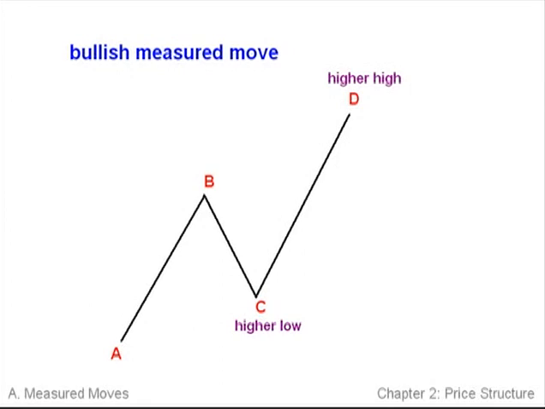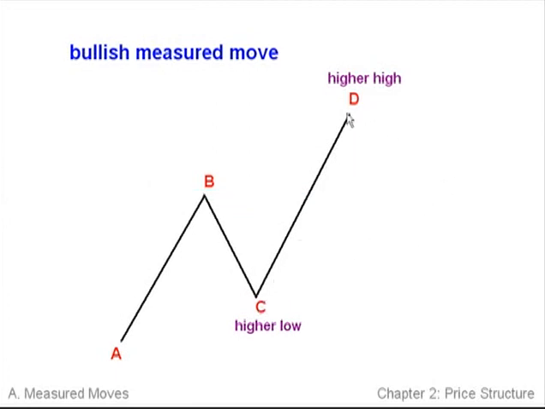This structure only gets confirmed as a bullish measured move when price action rallies above B coming off of C, because C is already a higher low. Now we need to have price action rally above B on its way up from C. Only when that happens do we have any sort of higher high in combination with a higher low.